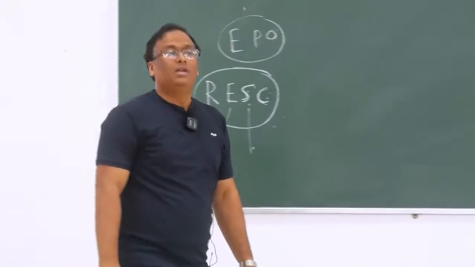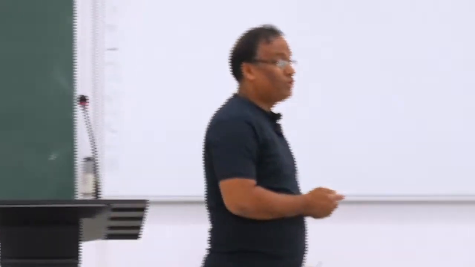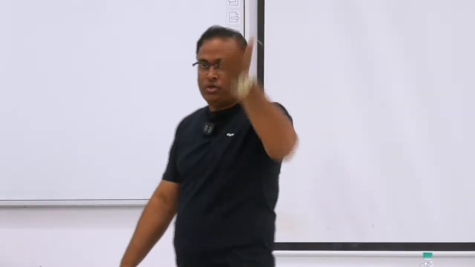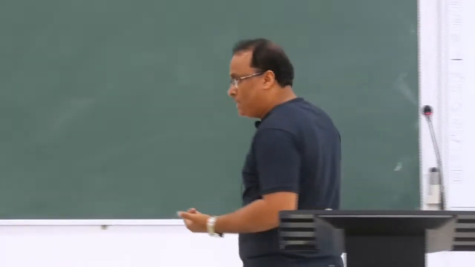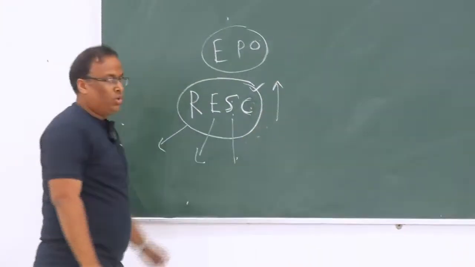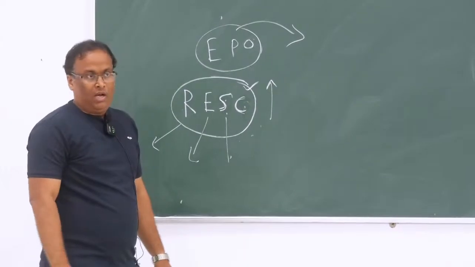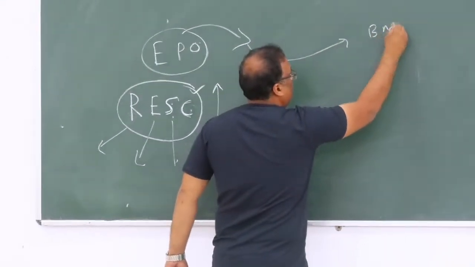These cells sense the oxygen level, when it rises or falls. When you are at high altitude, oxygen level is less or more? Less. That means these cells will be activated so that they release erythropoietin into the blood, and then it goes to the bone marrow.